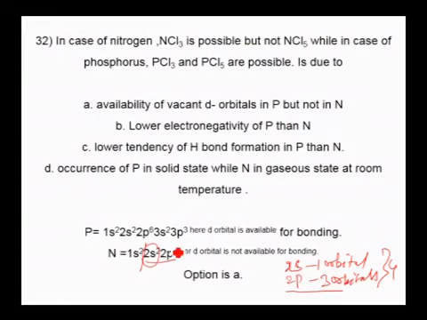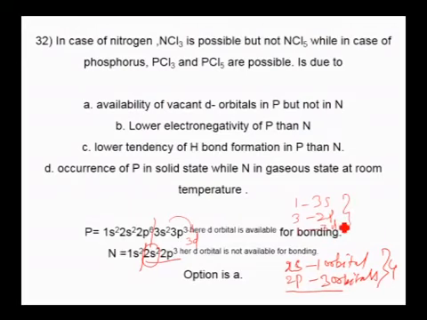But in phosphorus, let us see the valence shell configuration. Its valence shell configuration is 3s2 3p3, but there is also a 3d orbital near to 3p, hence one electron from the 3s orbital jumps to 3d. Therefore the orbitals available for bond formation are 1 3s, 3 3p and 1 3d.